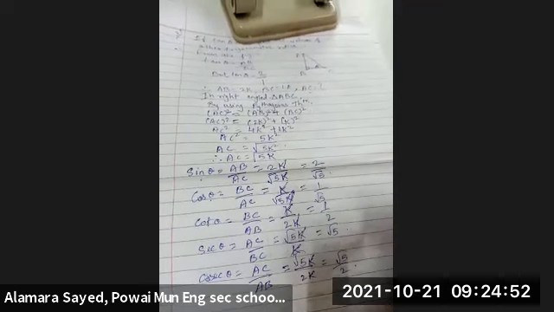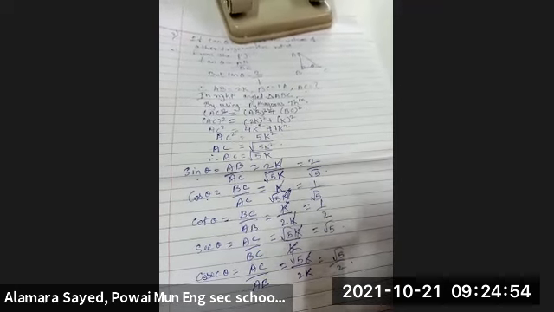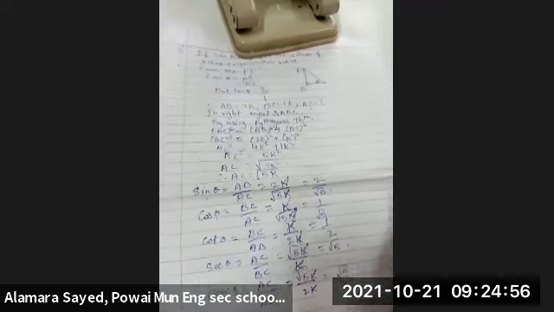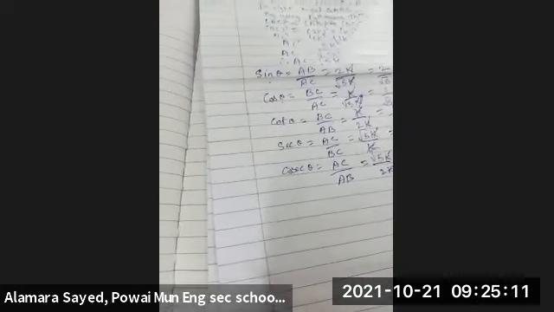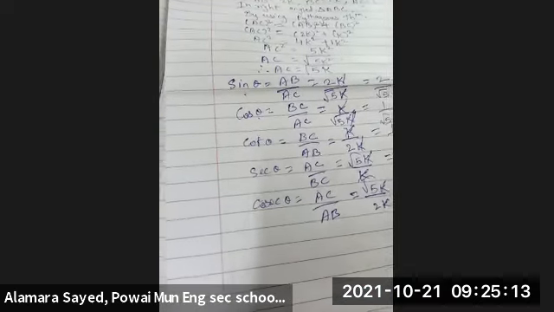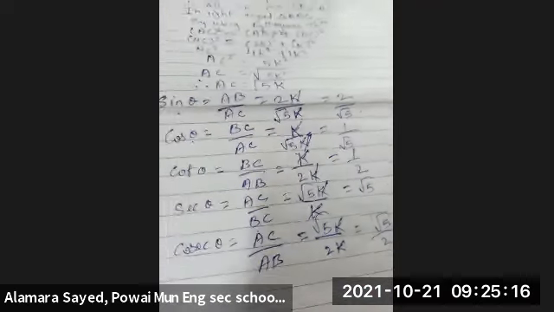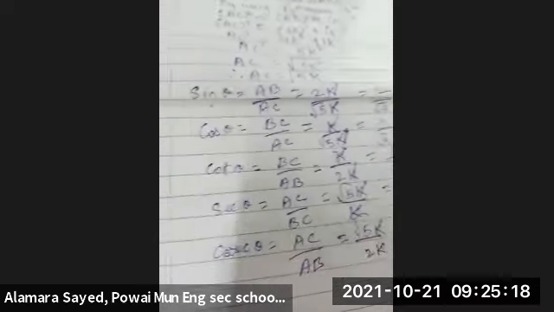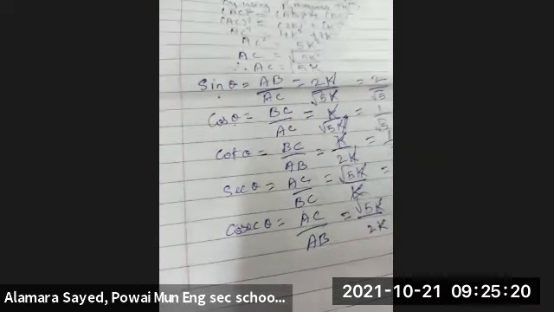Or shall I go to the next method, that is the identity method here? Okay, now we will see the identity method. If you don't have any doubt, we will go to the identity method.